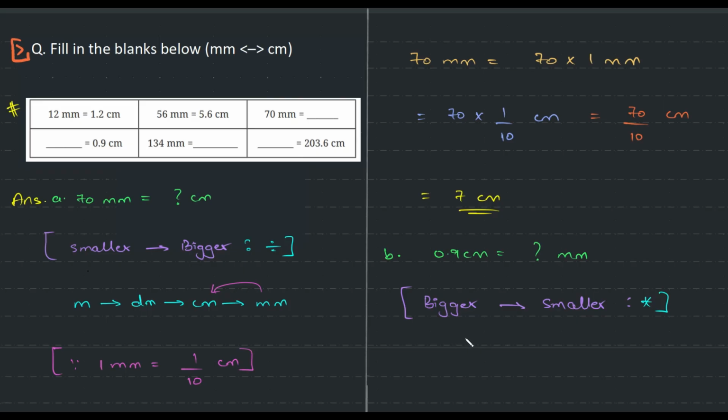Now multiply with how much? So we have meter, decimeter, centimeter, and millimeter. So we are looking at multiplying with 10.